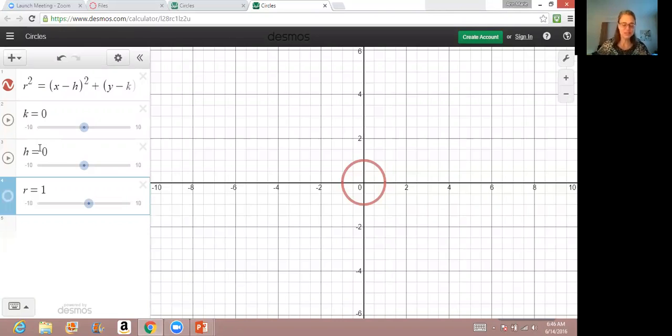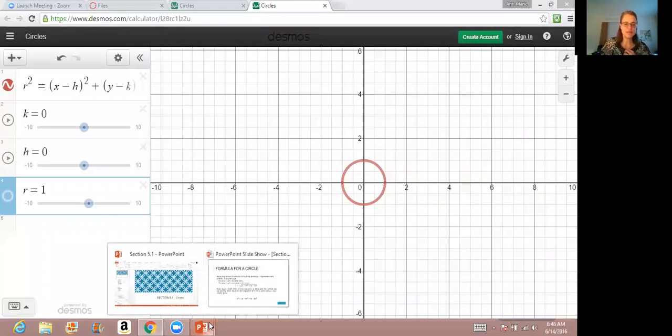So you need to know that r is the radius, k is the y coordinate of the center of the circle, h is the x coordinate of the center of the circle. All right, let's go back to my PowerPoint.